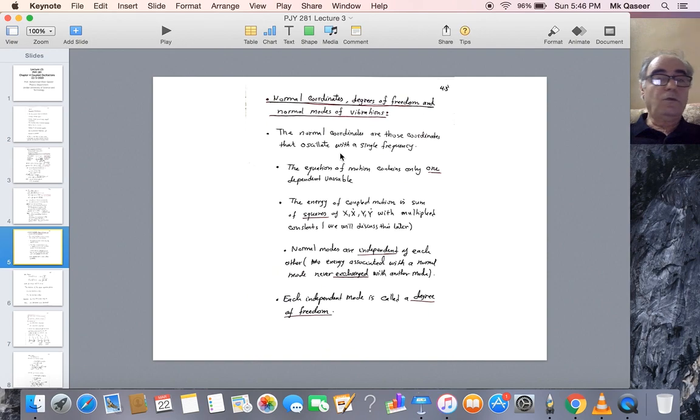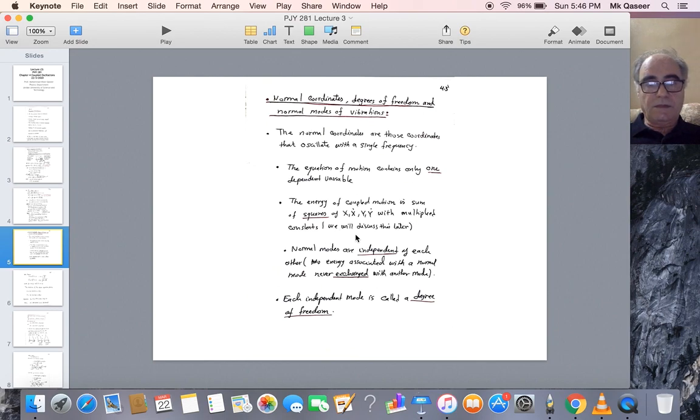Now we have to introduce the concept of normal coordinates, degrees of freedom, and normal modes of vibration. The normal coordinates are those coordinates that oscillate with a single frequency. The equation of motion contains only one dependent variable, X capital or Y capital. Energy of the coupled motion is the sum of the squares of X capital, X dot squared, Y capital squared, Y dot squared, with some multiplied constants.